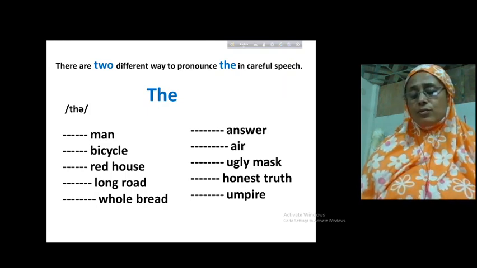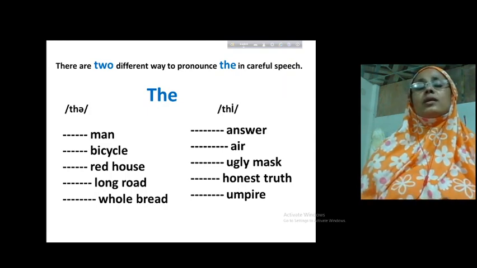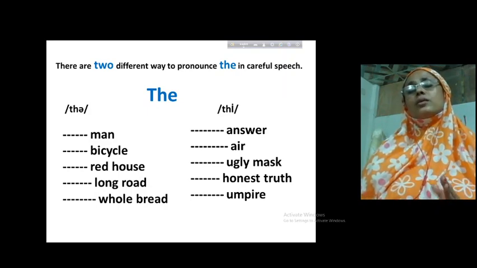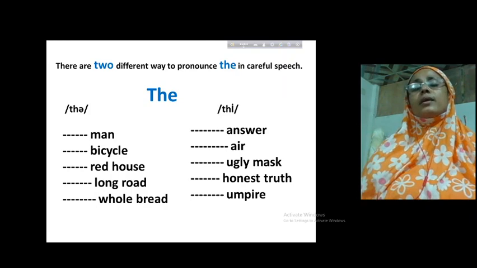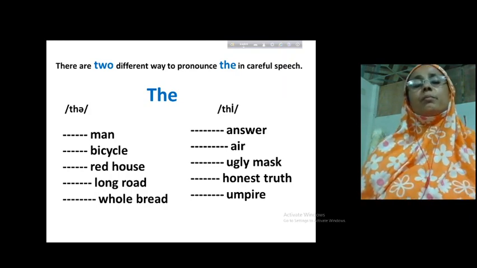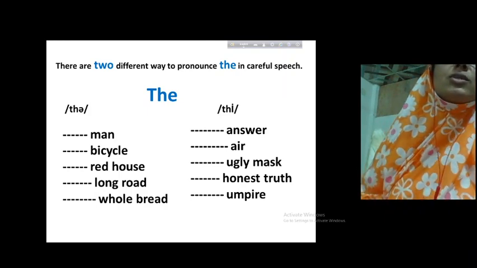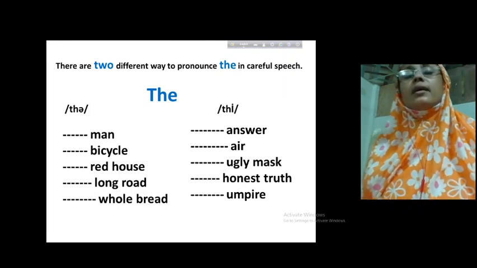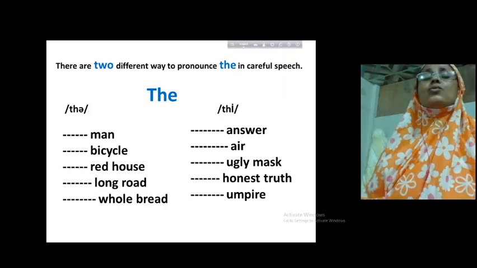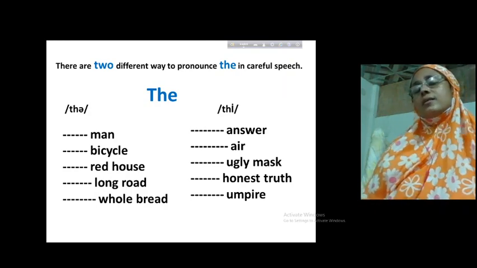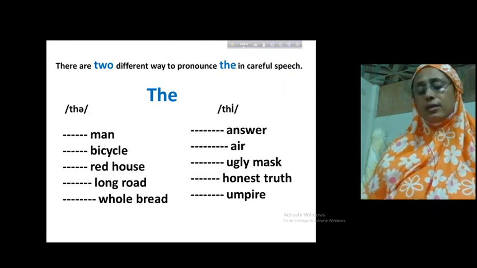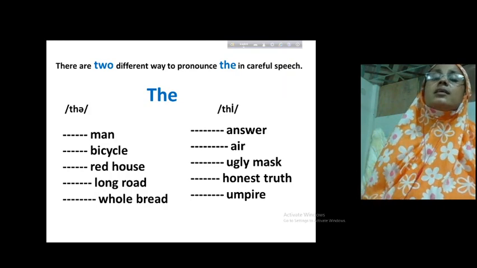Because one starts with a consonant, and the other word begins with a vowel. So if the word begins with a consonant, you will say thuh, and if the word begins with a vowel, you will say thee.